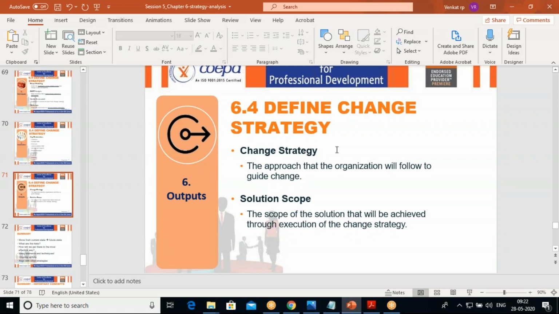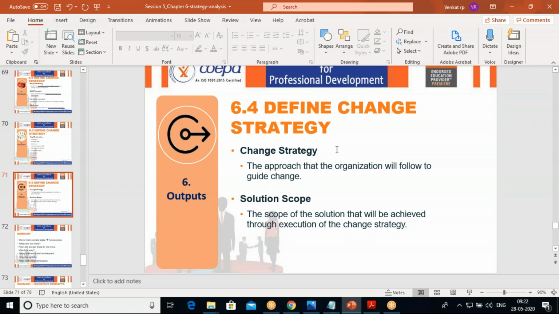So for the change strategy, we have to take the project and understand the current state and where we are going to reach in the future state. Both we have to understand, and based on the current state and the requirements given, we have to come up with the change strategy.